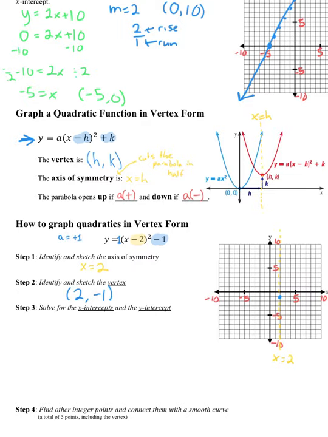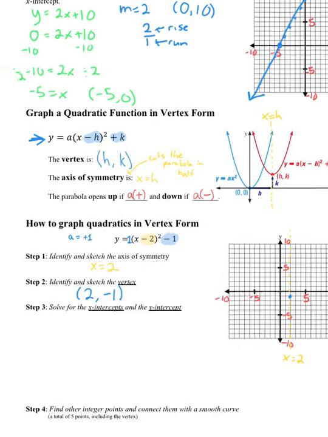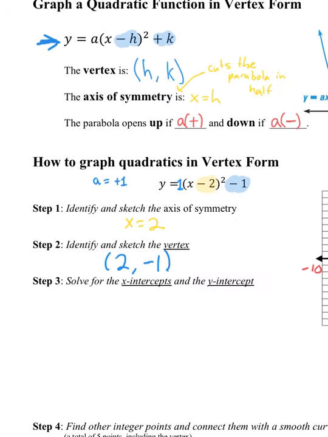I'm going to zoom in a little bit here. X-intercept: plug in 0 for y. Y-intercept: plug in 0 for x.